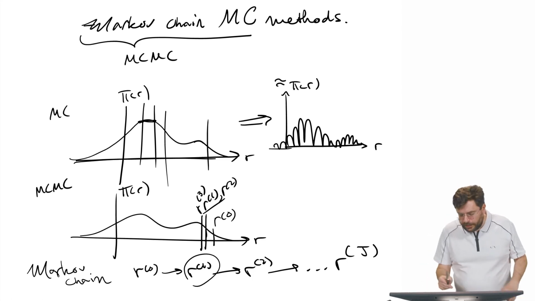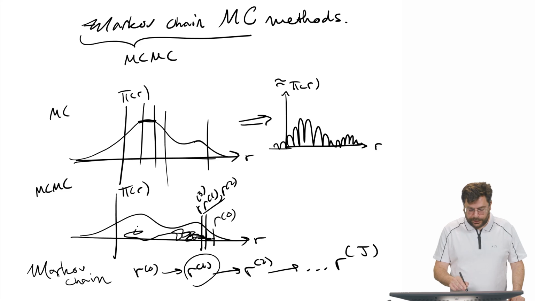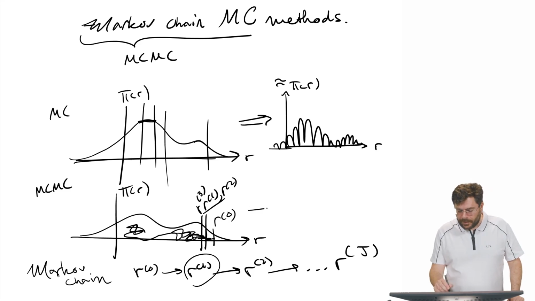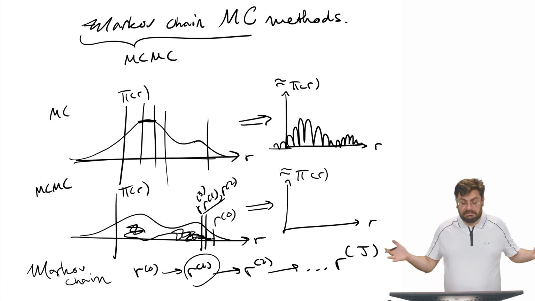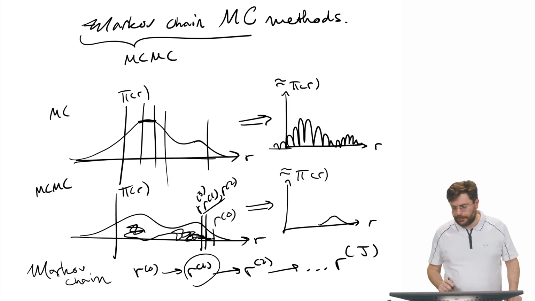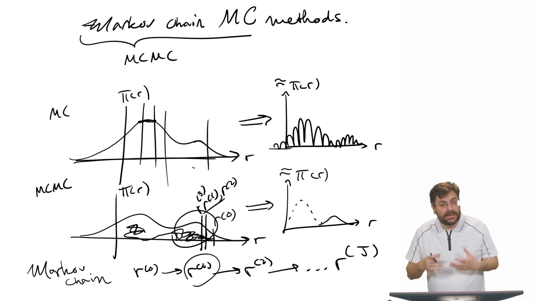So the idea is that all of my samples tend to be in one region. Eventually, as I draw more and more samples, I may start exploring this region here. But perhaps after 8,000 draws, all I will have sampled is the second peak here, and I won't yet have explored this region here. So it can be a lot less efficient.